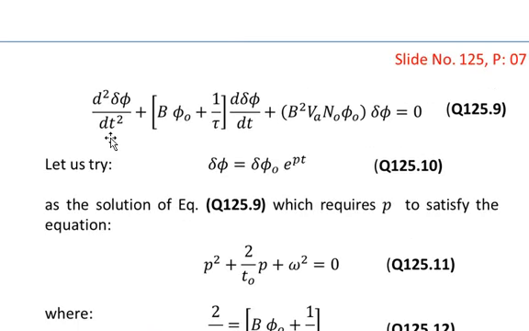So this is the double derivative, d square delta phi over dt square, and the rest of the quantities are shown. We need to find the solution of this equation, and we are proposing that the solution of equation 9 could be of this form, that is delta phi is equal to delta phi naught multiplied by e to the power pt.